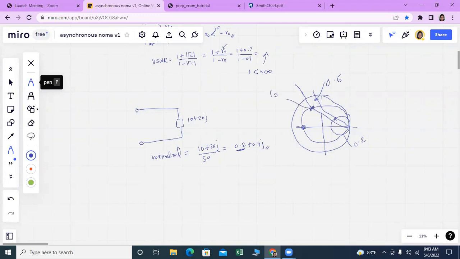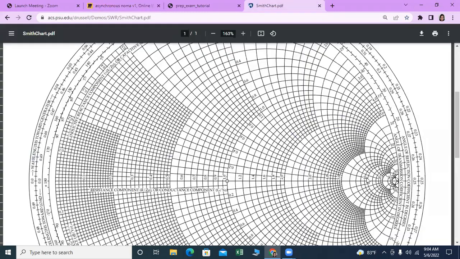So the corresponding load point you can find here, and then the reflection coefficient you can find using the radius that you can measure from the center of this circle towards this load point. This is the magnitude of the reflection coefficient. The angle of the reflection coefficient you can find from the scales.